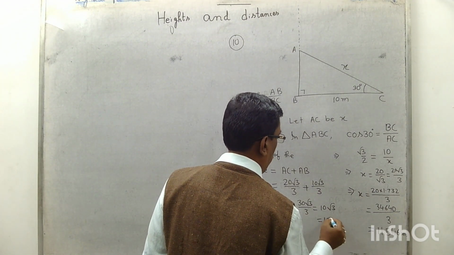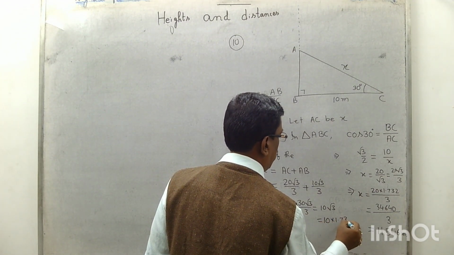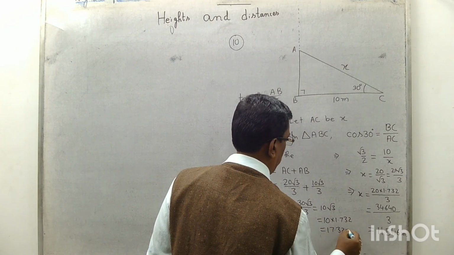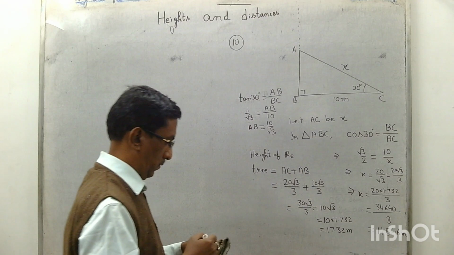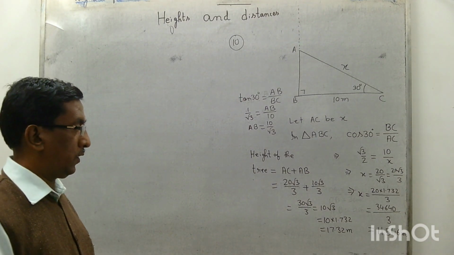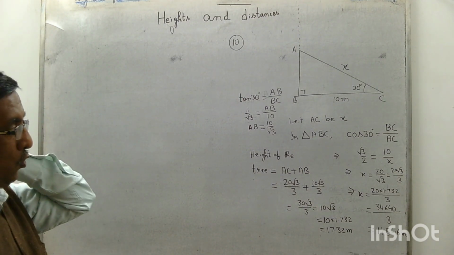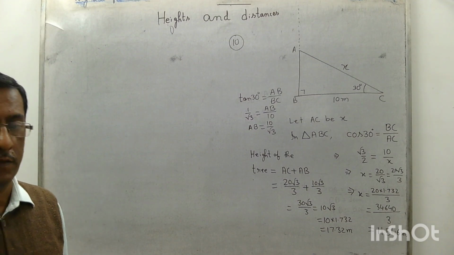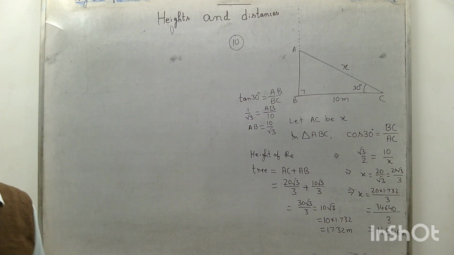So 10 into 1.732. It will be ultimately 17.32 meter. So the height of the whole tree is 17.32 meter. Clear?